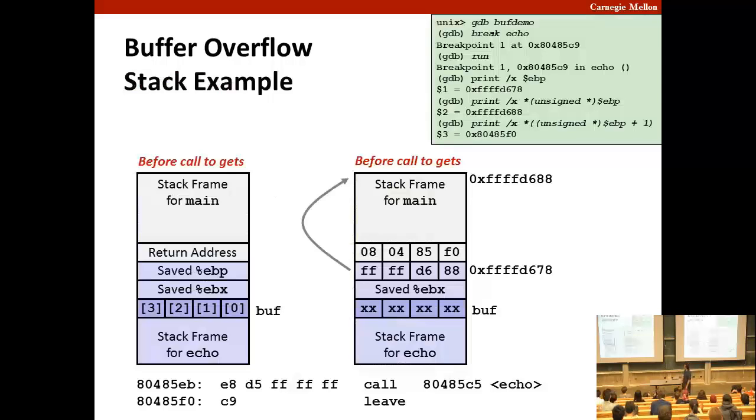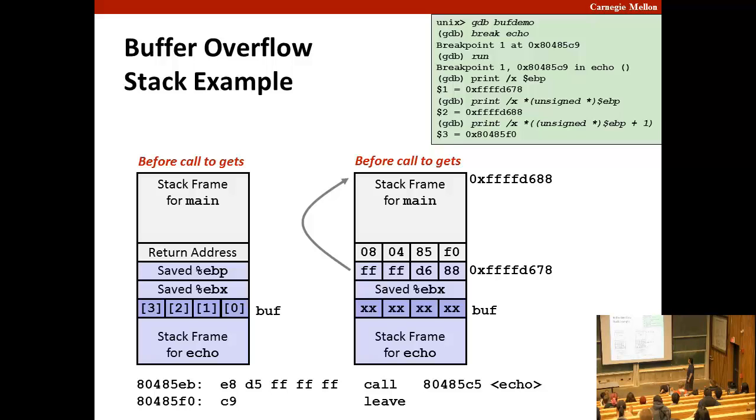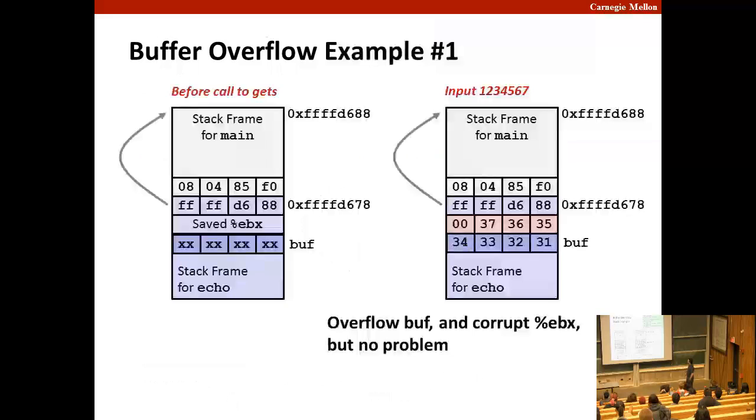Okay. And so now we see this overwriting happening. We've written into the buffer, and so far we're fine. And then we overwrite this, and now we've overwritten the return address. And now you see the input of 1, 2, 3, 4, 5, 6, 7.